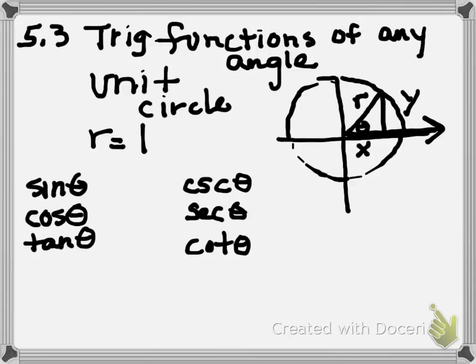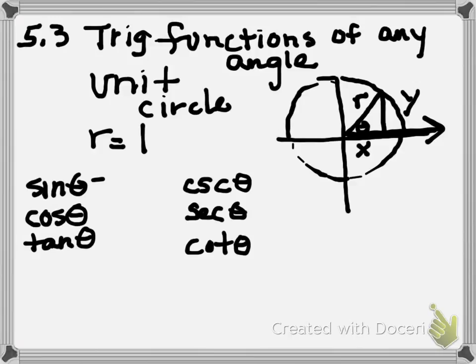X is the adjacent, and y is the opposite. So many times I like to look at trig more from x, y, and r rather than opposite, adjacent, and hypotenuse, because they're going to be more helpful or useful to you a little bit later.